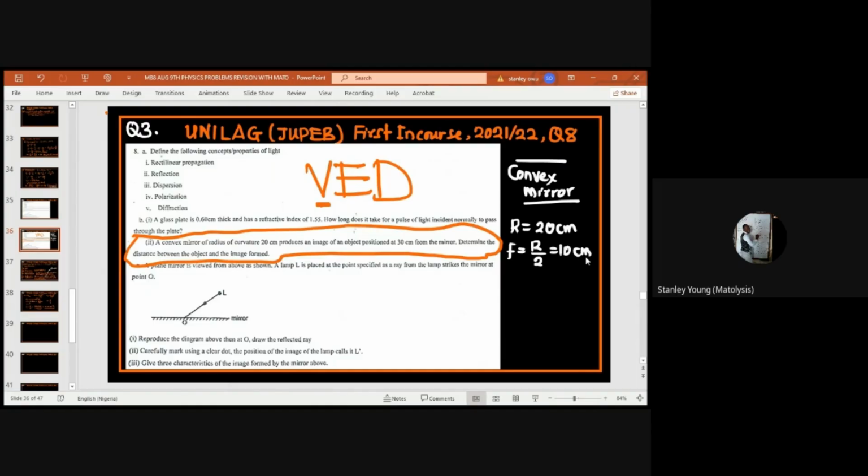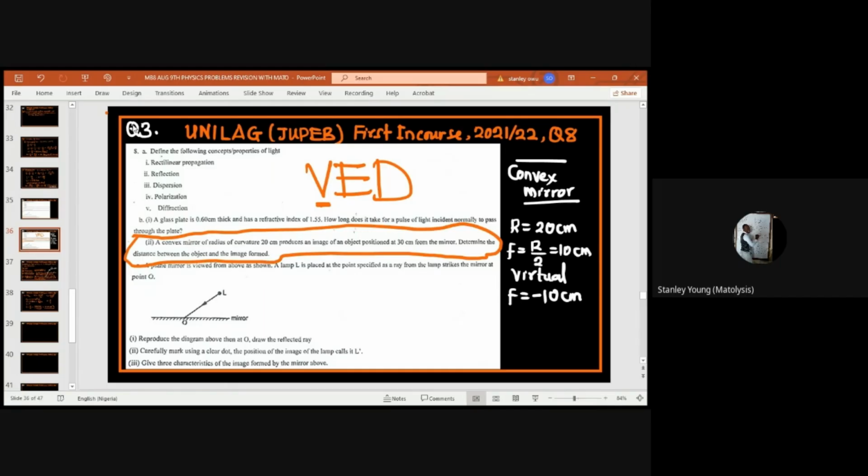So this is 10 centimeter, but it is going to be virtual. Why? Because the question said convex mirror. It then implies f would be negative 10 centimeter.